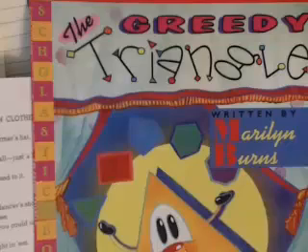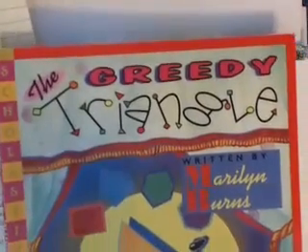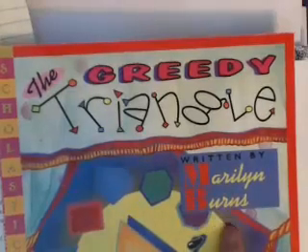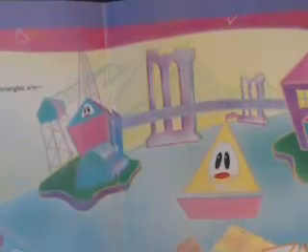I also want to share with you some introductory books that make the activity fun, dealing with triangles. This is called The Greedy Triangle, written by Marilyn Burns. I'll just tell you a little bit about what the book is about. The triangle is a very special shape, and he feels strong, and actually the triangle is the strongest shape, and he can be all kinds of things.